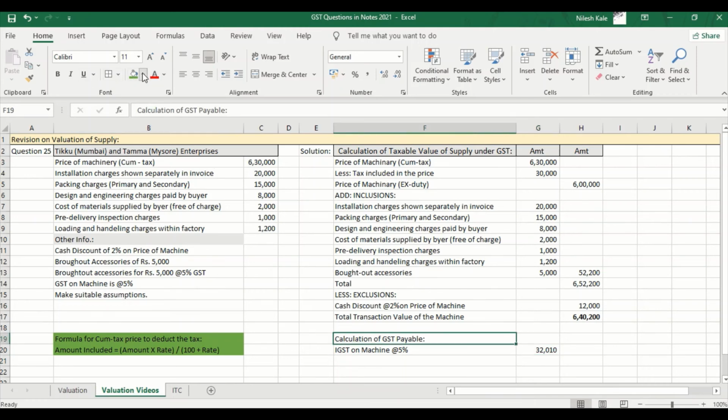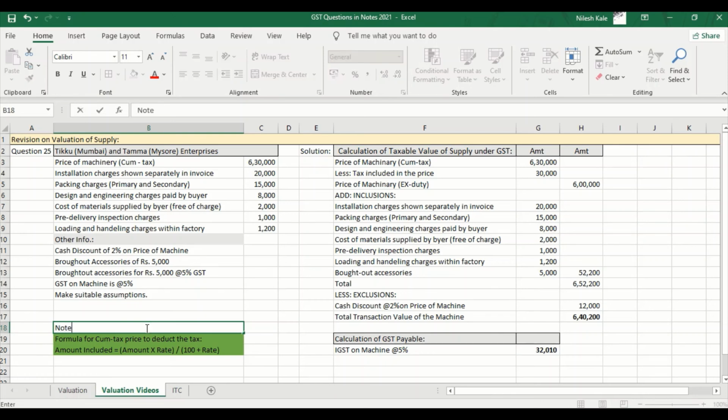I will just have to make this change. GST payable. Even for this, I will make the same formatting. Fine. This has to be bold. This is done. You have to write notes for this question. Notes. First note, you write a formula, and then second note, you can write anything like brought out accessories is already included here, right?